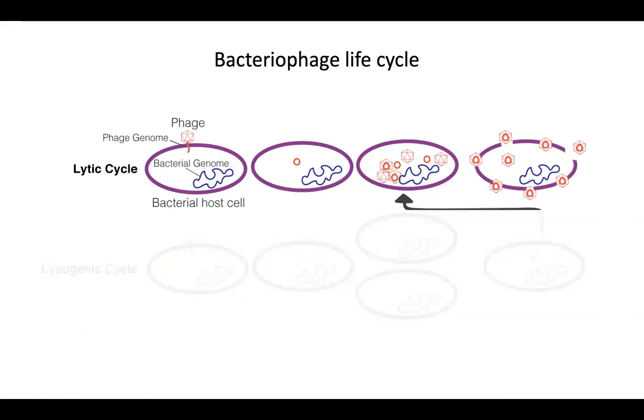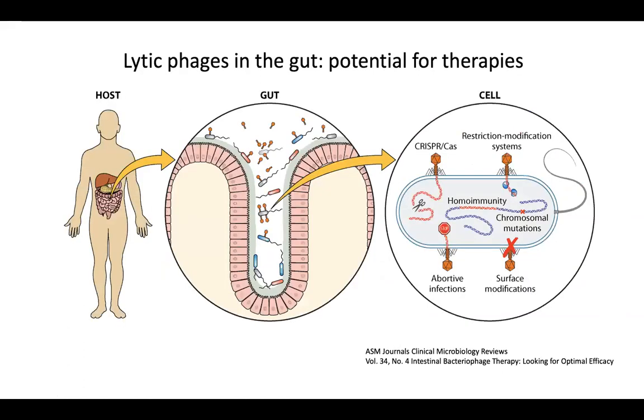We're going to focus on the lytic phages today because there's lots of potential, as currently investigated, for lytic phages to complement drug therapies, because we have a really widespread problem of antimicrobial resistance going on.